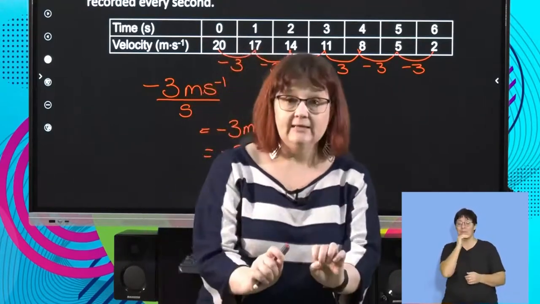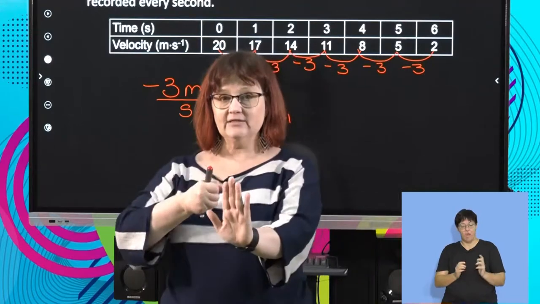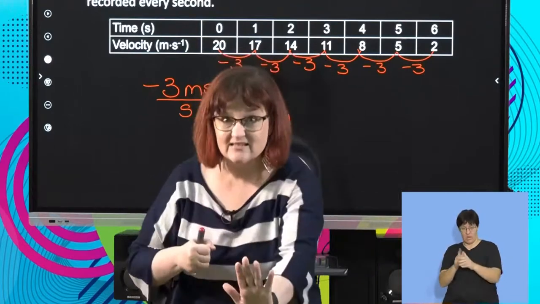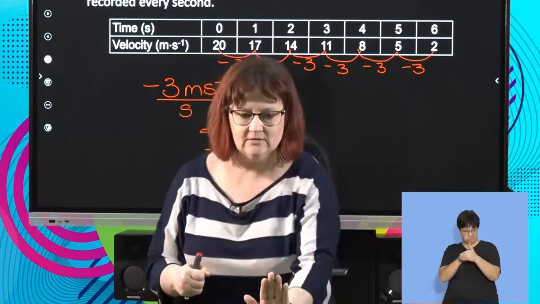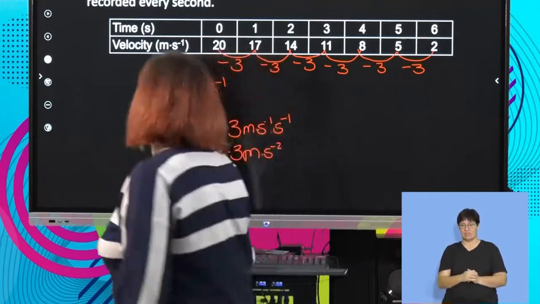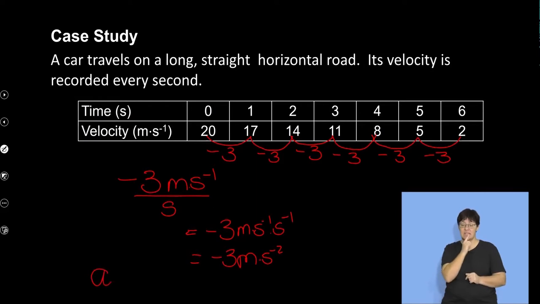What it means is that there's a force acting on the car, the brakes, that's stopping it. So the acceleration is backwards. It's negative. It's getting smaller. So what we would say is this car's acceleration is 3 meters per second squared backwards.